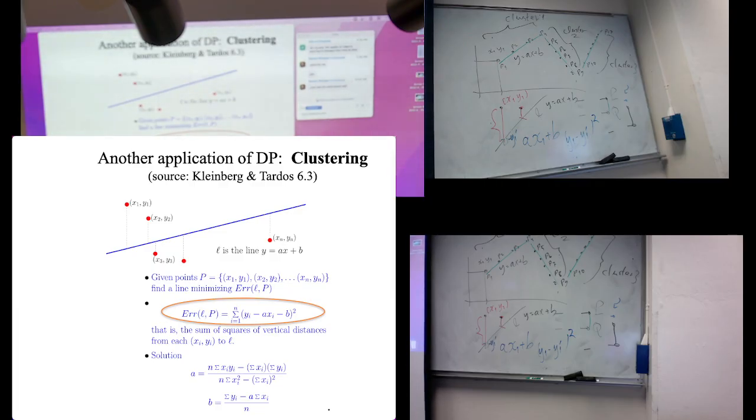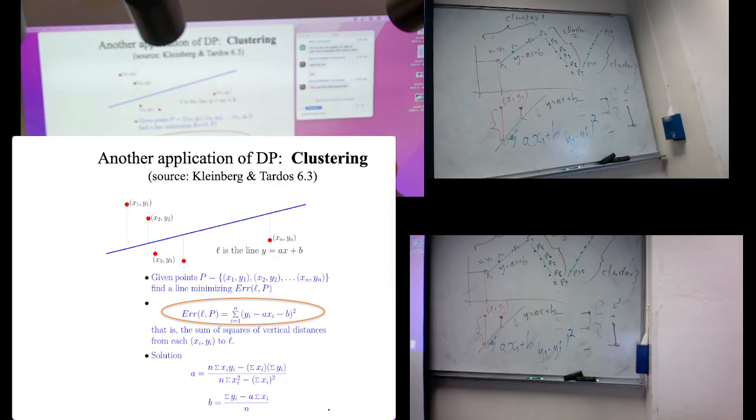Find the line that minimizes this number, and if you know how to compute the differential, to compute the derivative, it's very easy. You take the derivative. Since you are trying to find the line, it means find A and find B. If you don't know, that's fine. You're in your last semester.